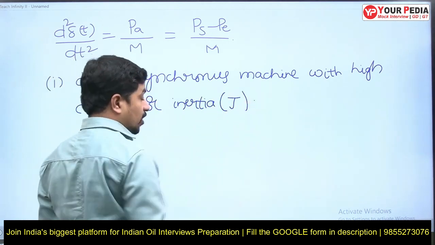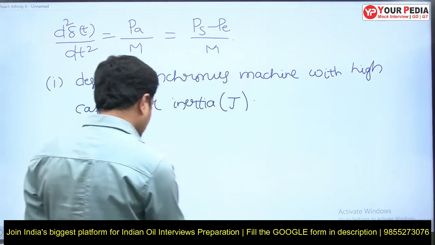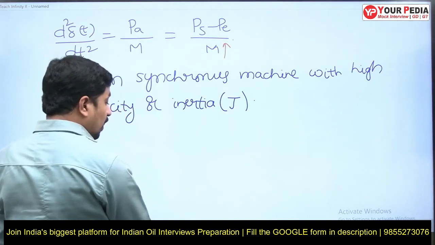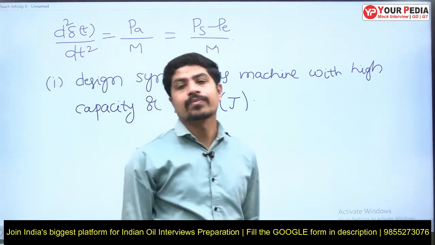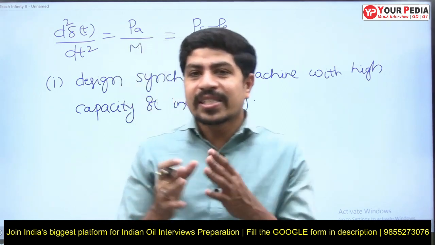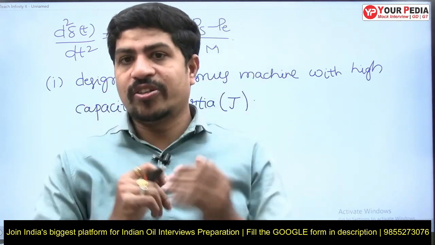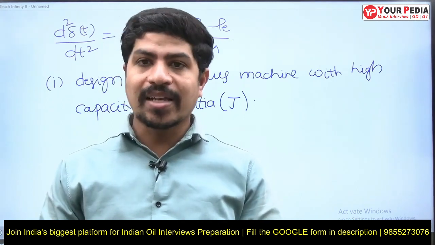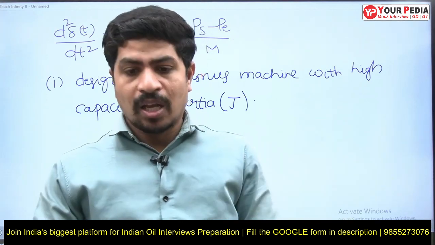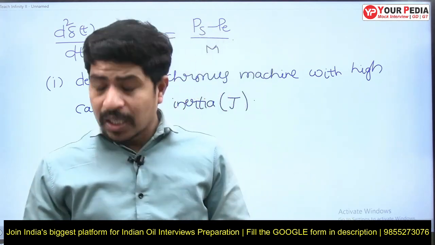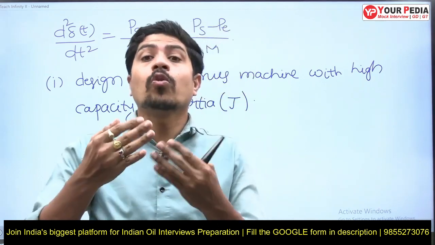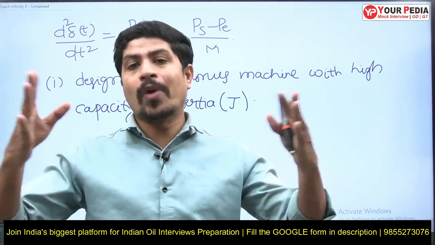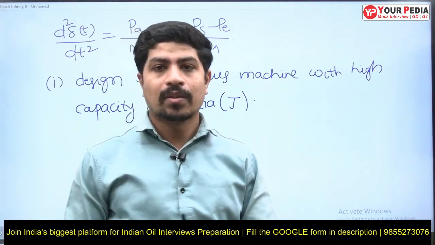If the capacity is high, M increases, and d square delta of t by dt square will decrease. For a system to be more stable, it must have less oscillations or less acceleration, which is possible with high capacity. Very simply, a body with less weight is prone to making more oscillations when compared with a body with more weight.